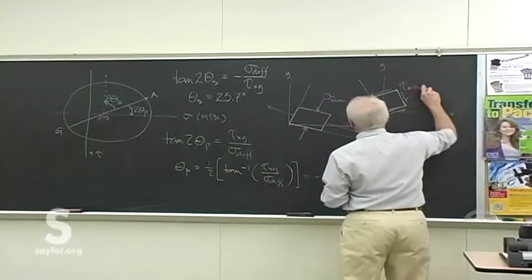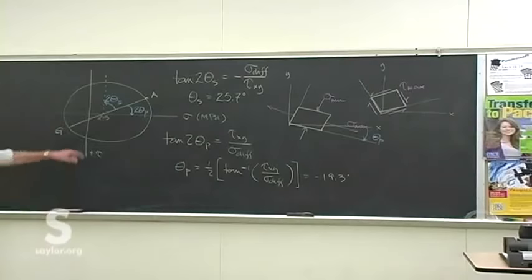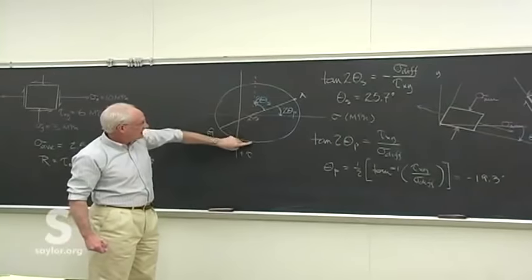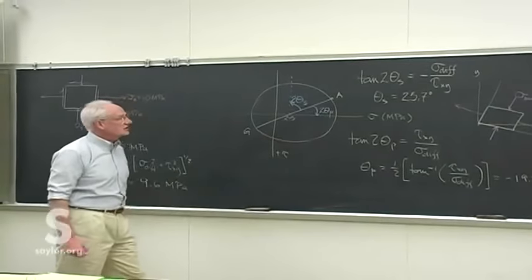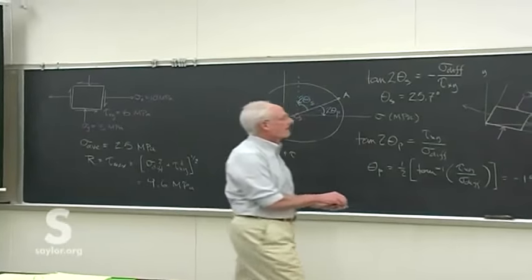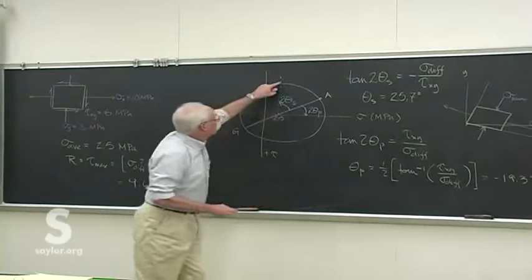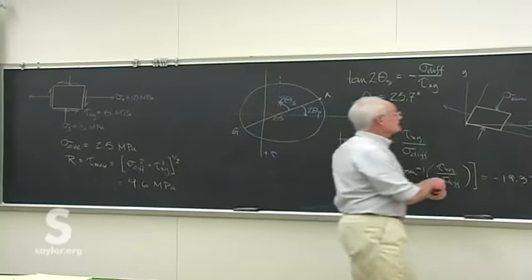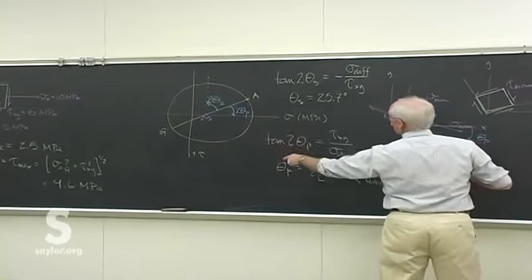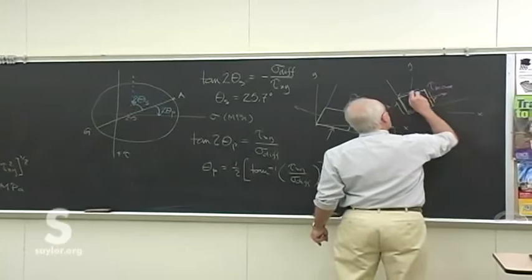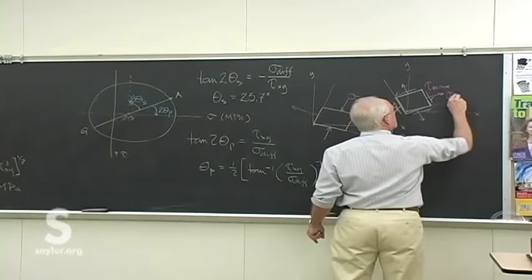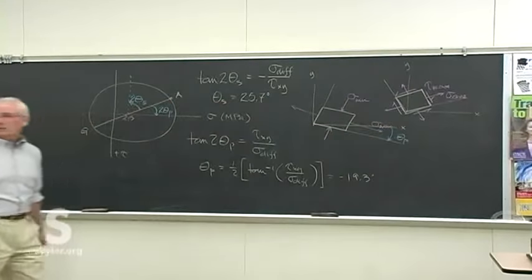So we're now at tau max for the shear stresses, because if we move to an analysis angle of theta s, that would put us at the top and bottom point on our circle at the maximum shear stresses. And the normal stress is sigma average on all four faces, which in this case is positive 2.5. Could be negative, depends on where the circle falls for different problems.